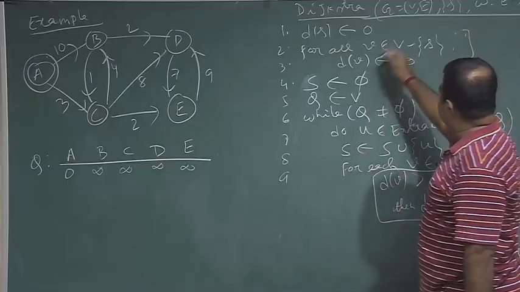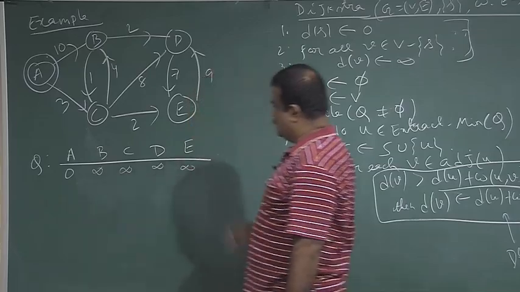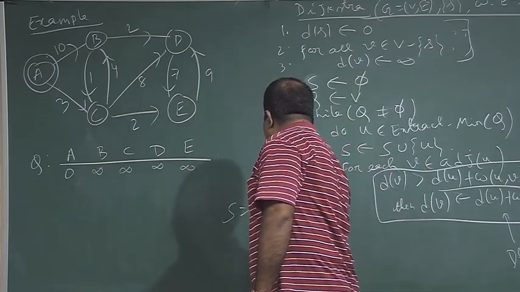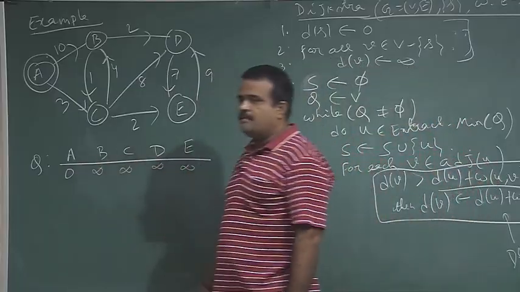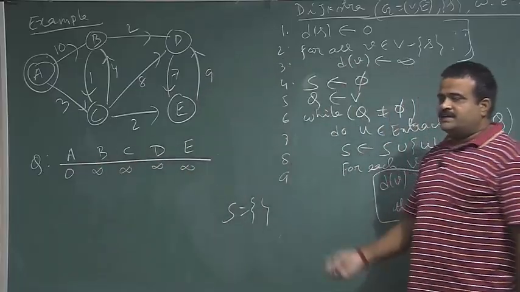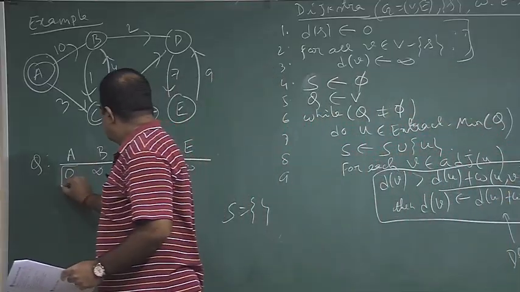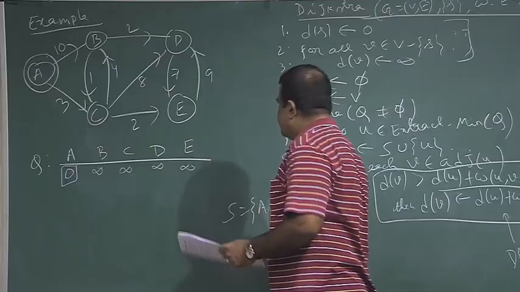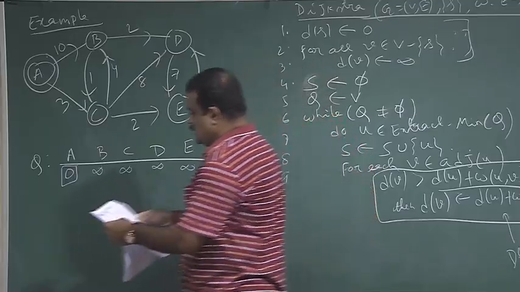We keep the distance of the source vertex as 0 and the remaining are infinity. Now S is initialized to empty, and everything we put into the priority queue. Now we extract the minimum. The minimum is basically A. So we put A in S. This is our U now.